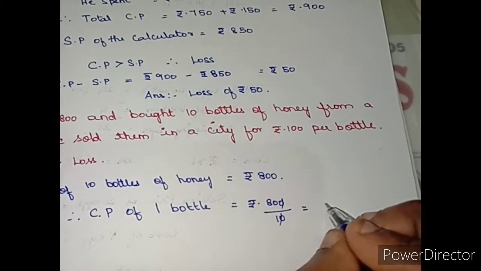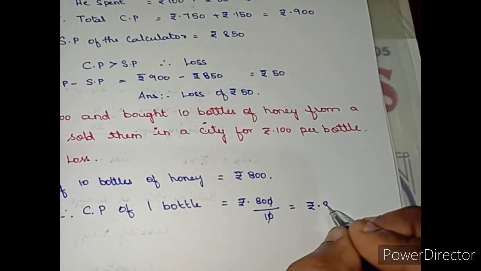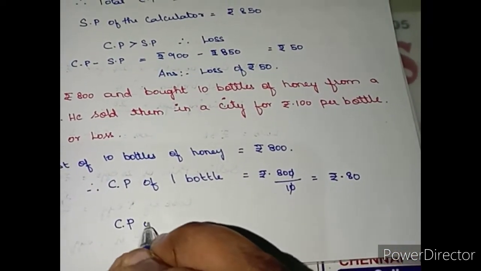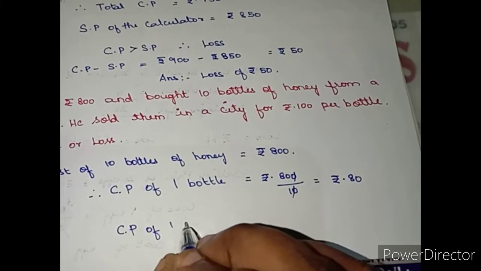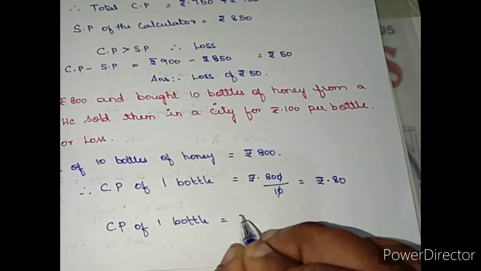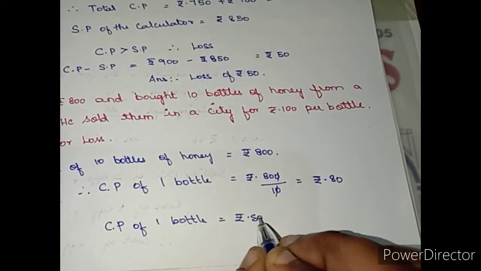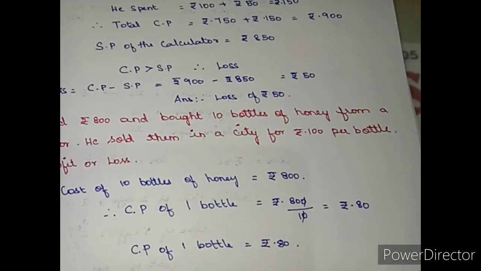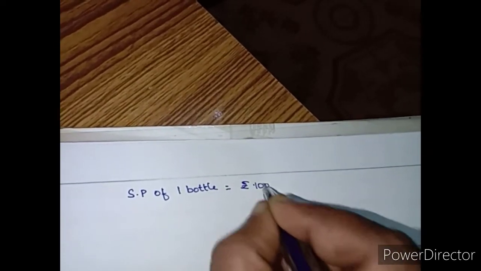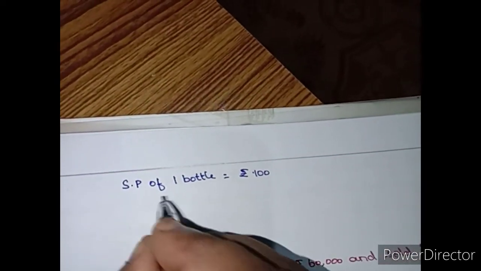So rupees 80. CP of one bottle is rupees 80. Okay. The selling price is already given. So SP of one bottle is 100 rupees. So we should compare the SP and CP.